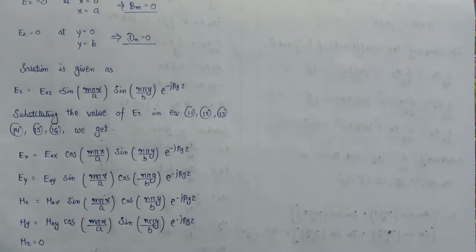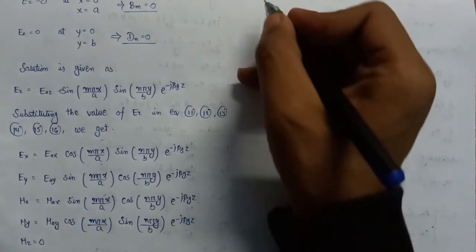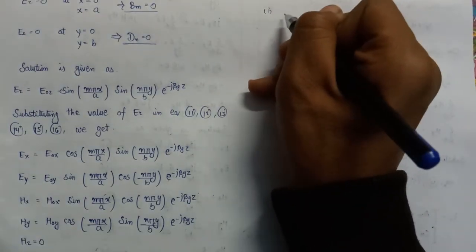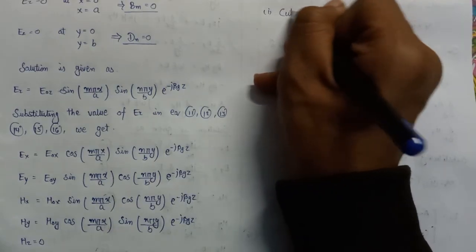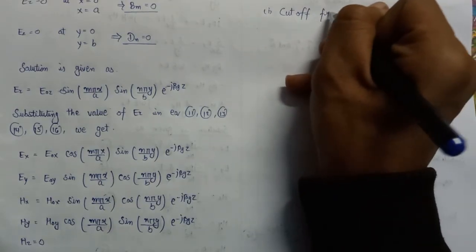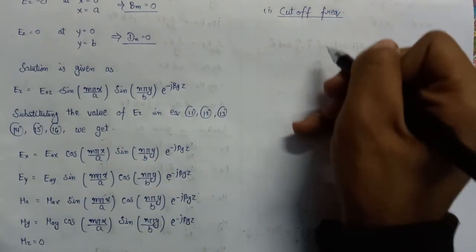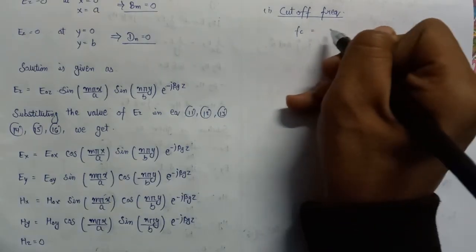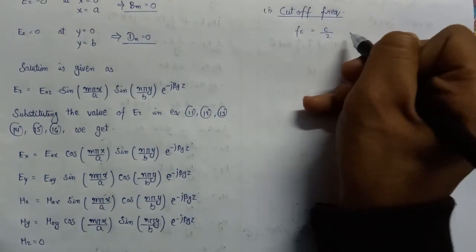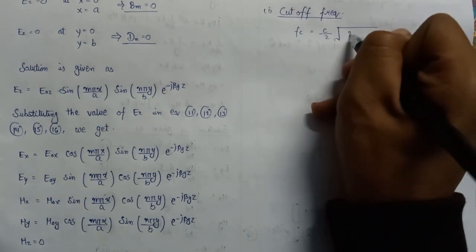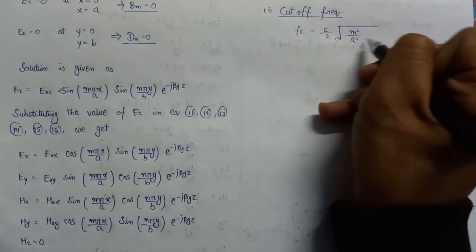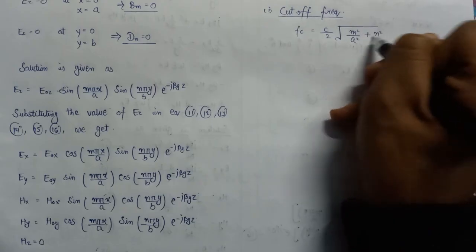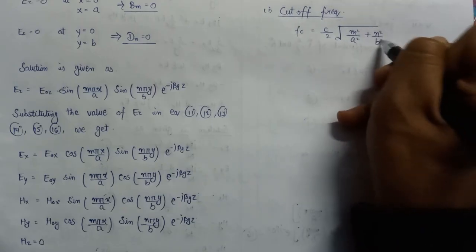Now let us have a look at the parameters that are associated with the transverse magnetic mode in a rectangular waveguide. Discussing the first parameter, that is cutoff frequency. The cutoff frequency is denoted by Fc, and the expression for Fc is equal to c over 2 under the root m square over a square plus n square over b square.